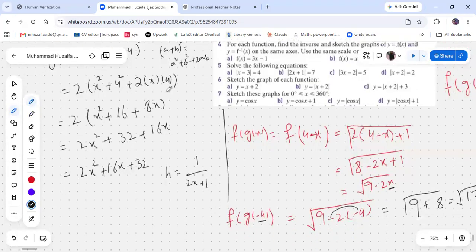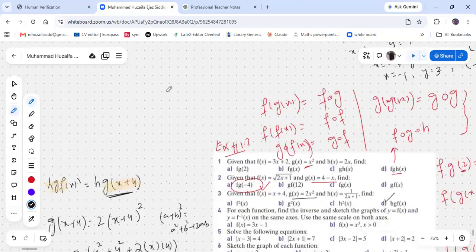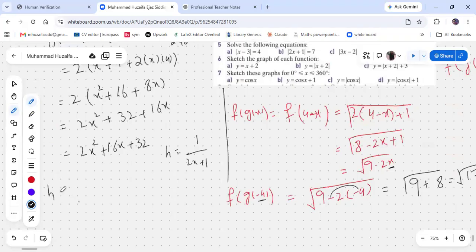When we are finding hg into f of x, we are replacing this term with respect to the x in the h function. So this is 1 over 2 into 2 of x square, plus 16 of x plus 32, and this is our plus 1.